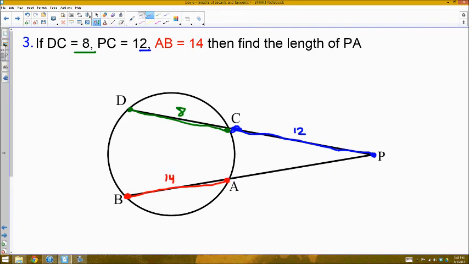I'm trying to find the length of PA, so I'll call that X, and that's my segment here.